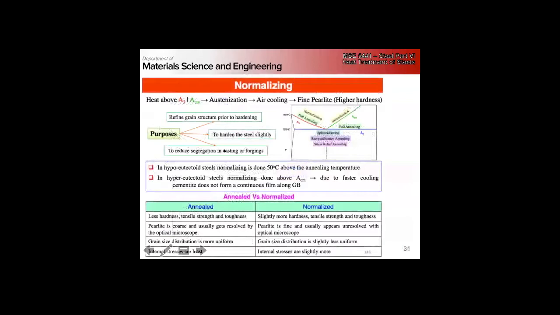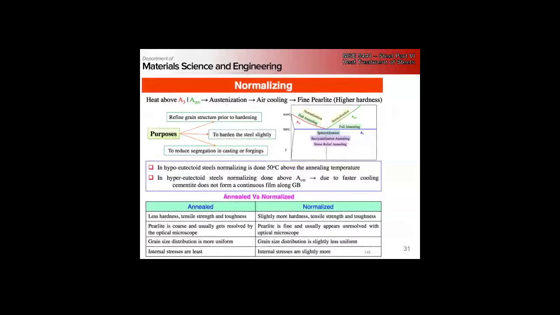Normalization is where we austenitize, then we air cool, and we want a fine pearlite with higher hardness. As opposed to annealing, where we want low hardness, lower tensile strength, and high toughness. In a normalized state, we're trying to impart more hardness, with the understanding that there'll be a reduction of toughness.